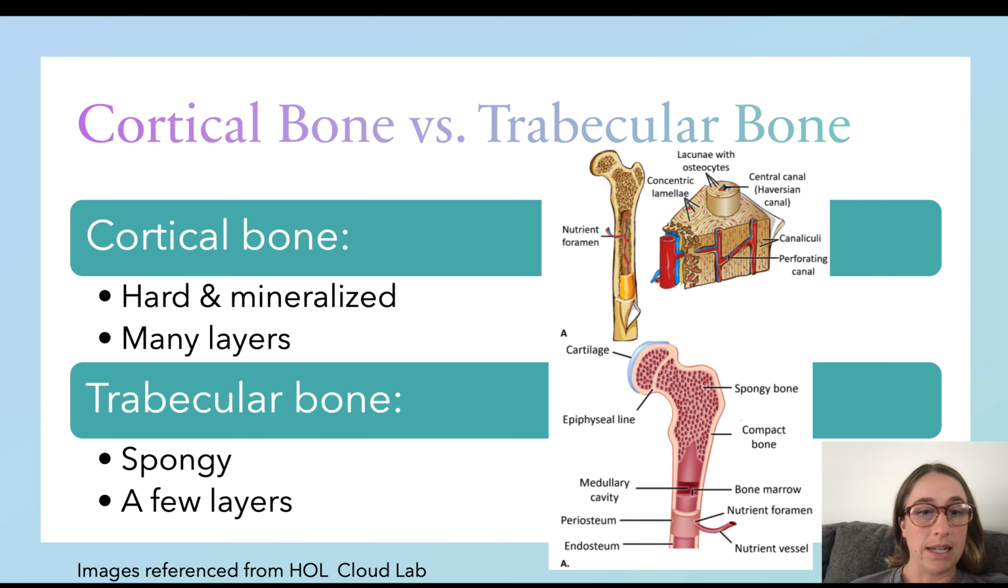And then you can see the different identifications within each bone: the nutrient foramen, concentric lamellae, and then below, cartilage. You can see there are much more labels on the trabecular bone, but it actually has fewer layers.